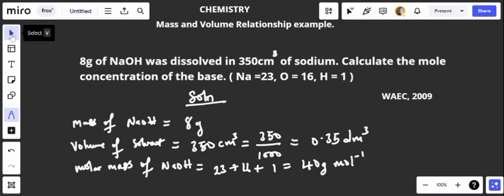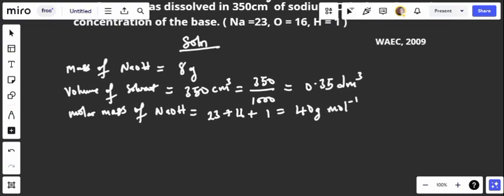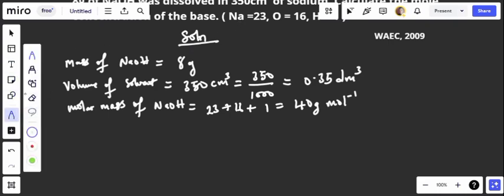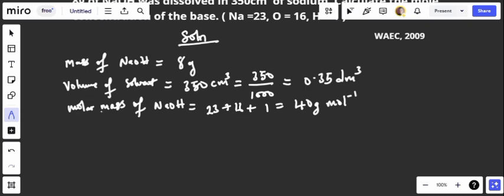However, the actual mass that was used in the experiment is 8 grams, not 40 grams. So what is the number of moles? We are going to find the number of moles of sodium hydroxide that took part in the reaction.